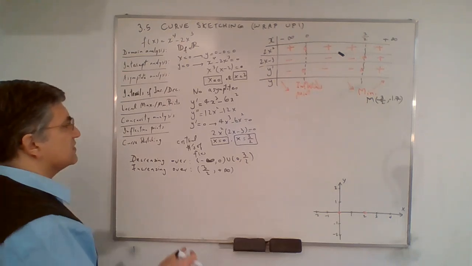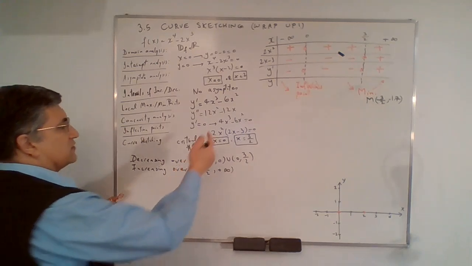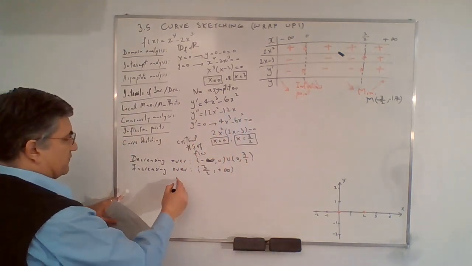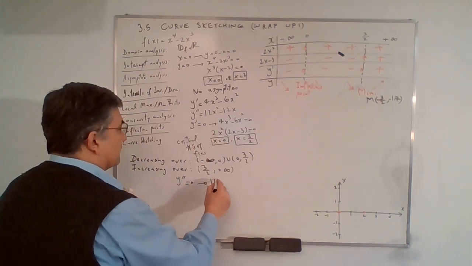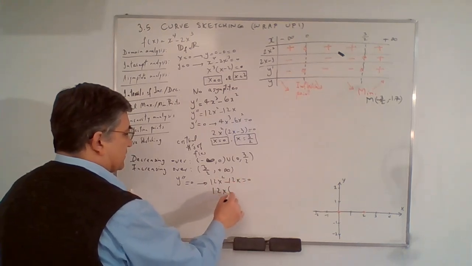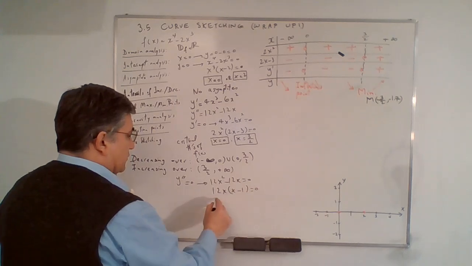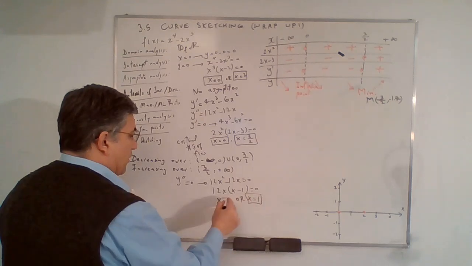For concavity analysis, we have to look at the second derivative, obviously. So this time, I'm going to set the second derivative equal to 0. And I get 12x squared as the common factor. I factor it out. So I get x equals 0 or x equals 1.